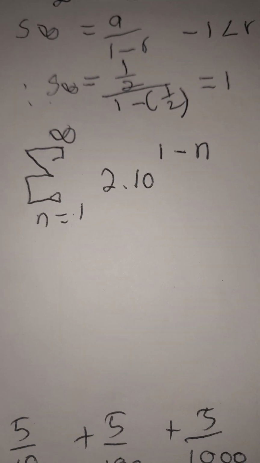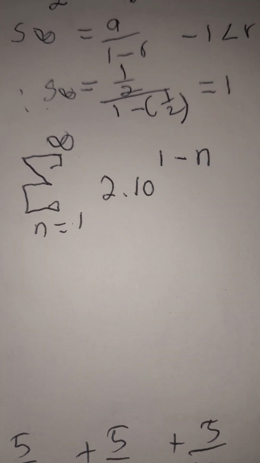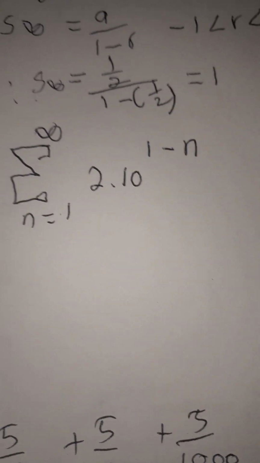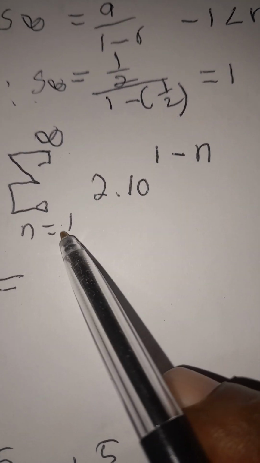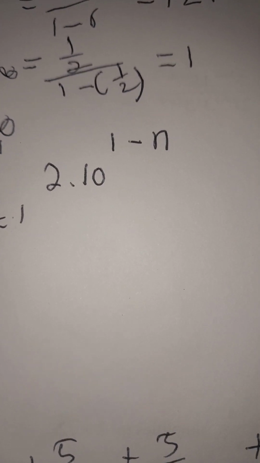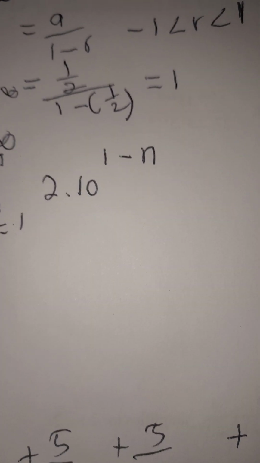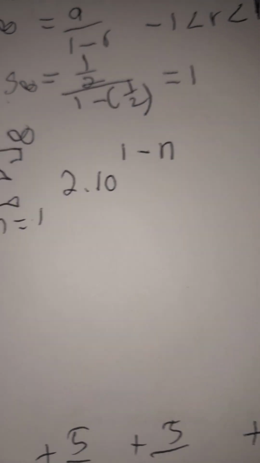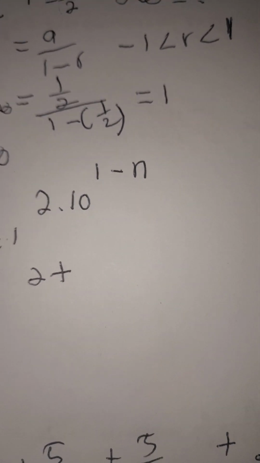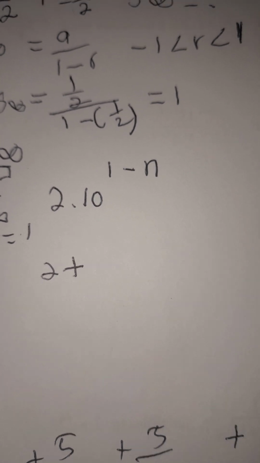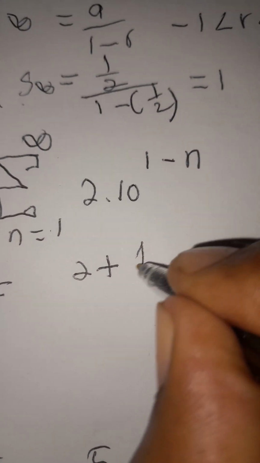These are just typical exam questions. When you're given such sigma notation, first thing first, formulate a series. Since our starting point is 1, if we place 1 there, 2 times 10 to the power of 1 minus 1 will be 2. So we will have a series 2 plus, then let's place 2, and we are going to get 1 over 5.